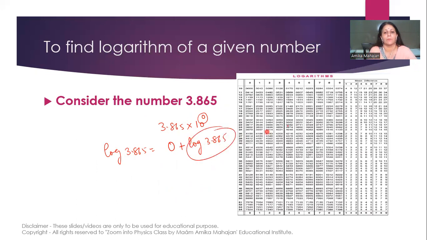This is the mantissa, whose value is to be determined using the log table. Again, the same mantissa is there, so the value I already know. It is 5872 with a decimal here because the value should lie between 0 and 1. So the log of 3.865 will be 0.5872. In this way, this number is also less than 10, so you can find the log.